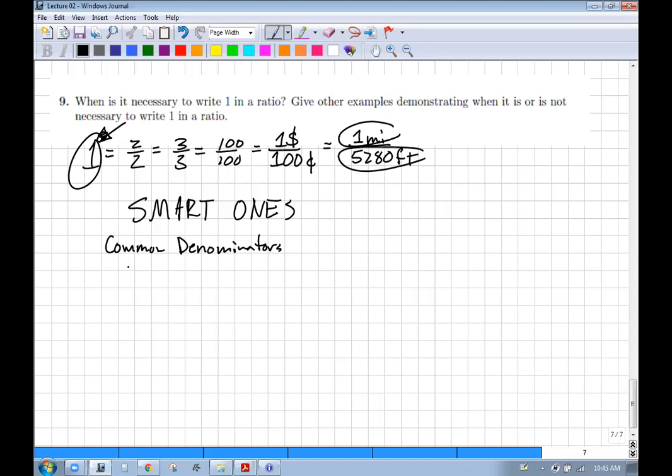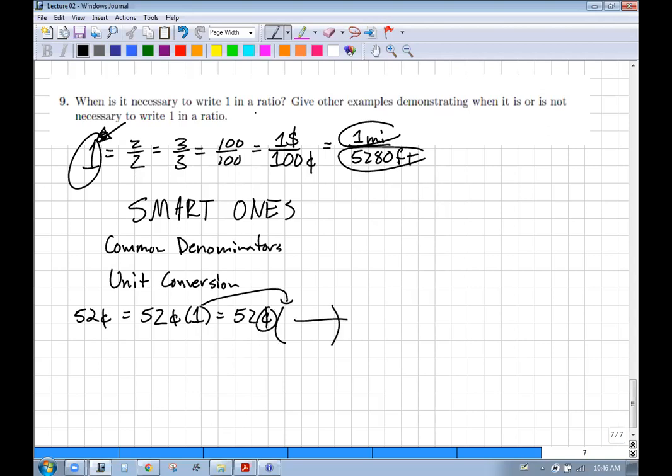For instance, if I want to do unit conversion. If I got 52 cents and I want to change this into dollars, I will multiply it by the number 1, but I will use a smart version of it. I got cents, I'll get rid of the cents. I want dollars. I know that $1 is the same as 100 cents. So the cents cancel out and I'm left with dollars.